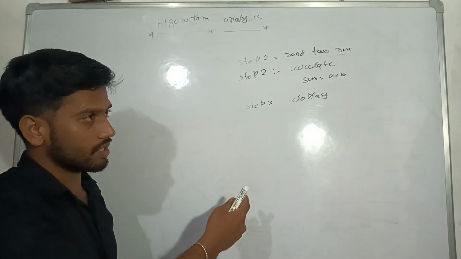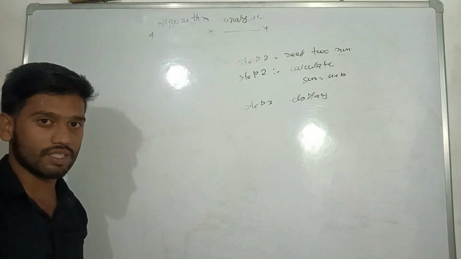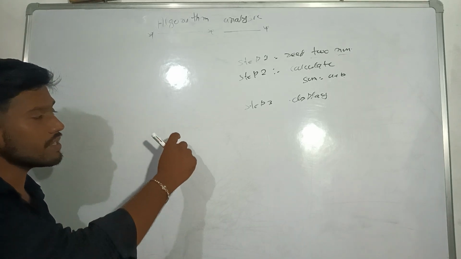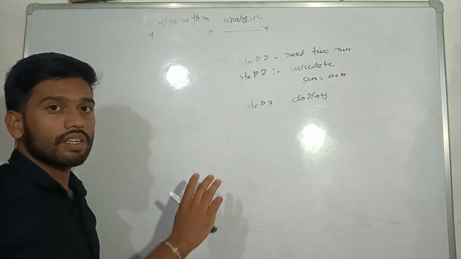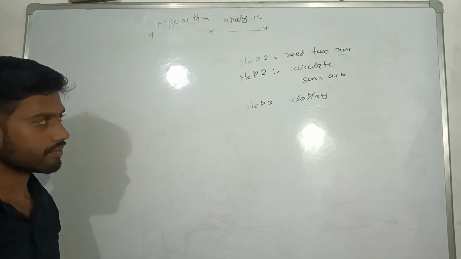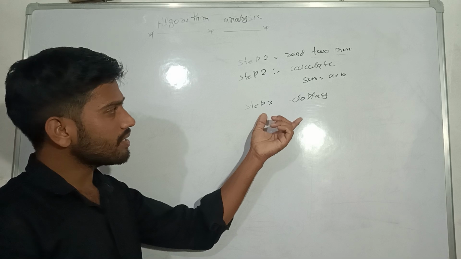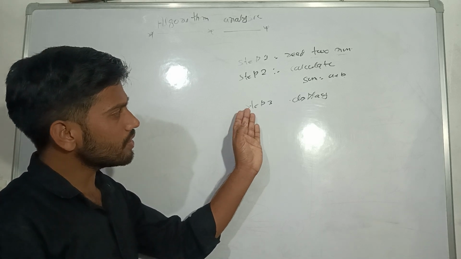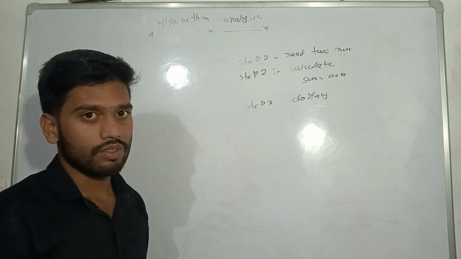Then effectiveness: any algorithm should be effective, meaning all instructions should be clear and it should be easy to implement.